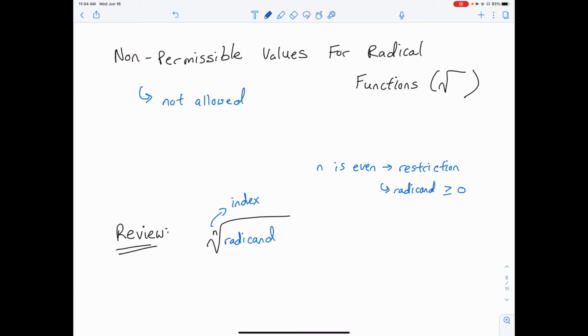And the other case here is that if n is odd, then we actually have no restrictions, and you're going to have no NPVs. So no restrictions, no NPVs.